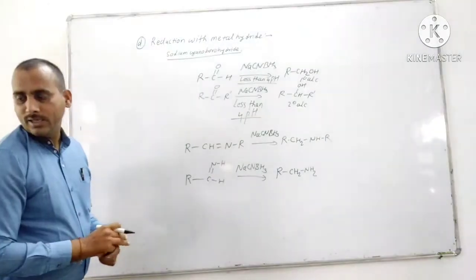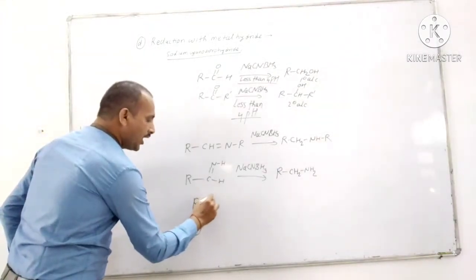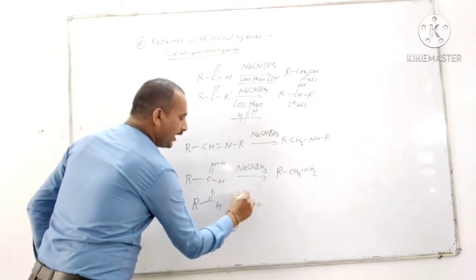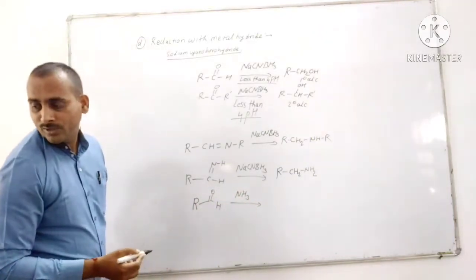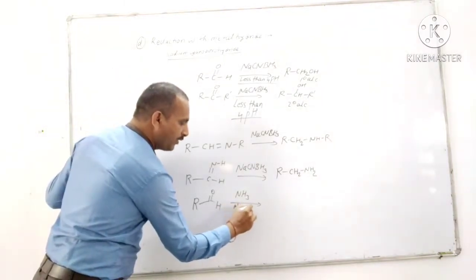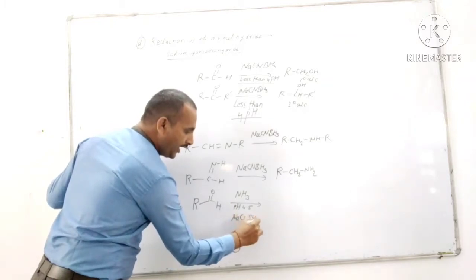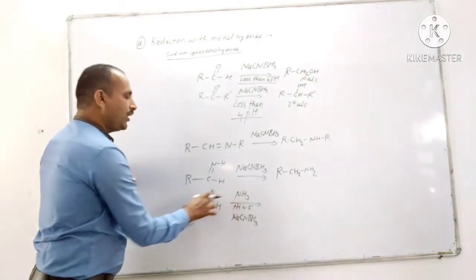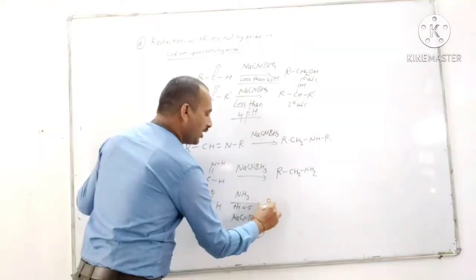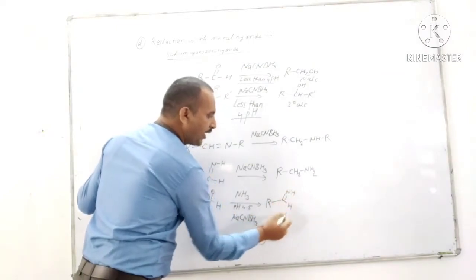Let's see another example, RCHO. There is NH3, ammonia, then pH 4.5, NaCNBH3. So with ammonia there is formation of imine from the aldehyde and ammonia, RCH=NH.